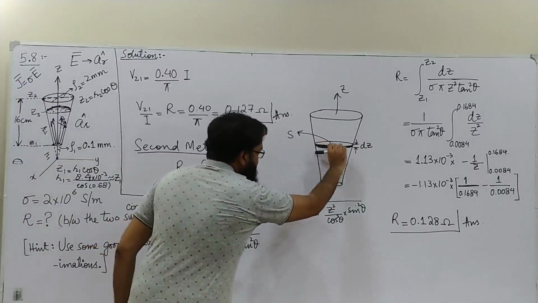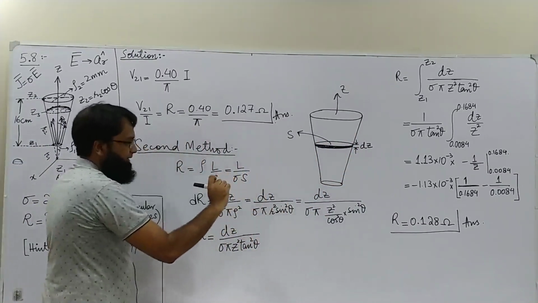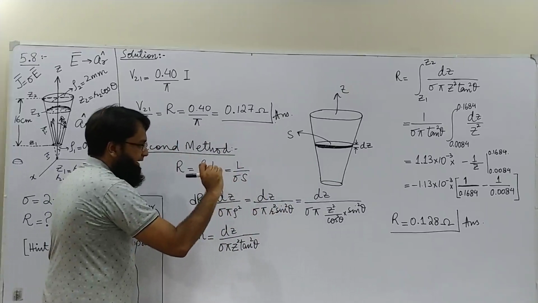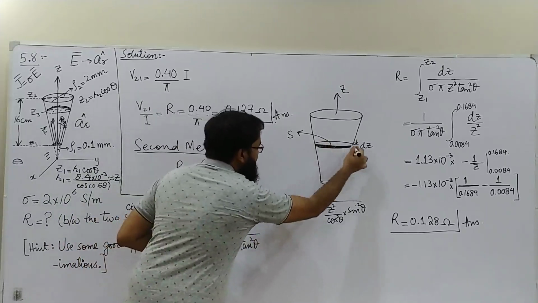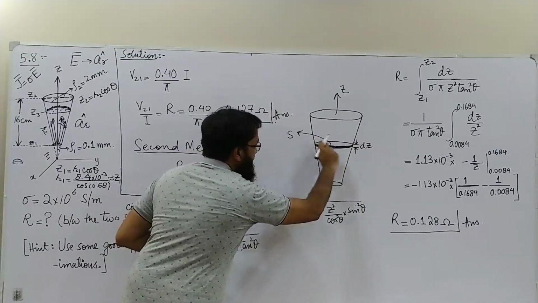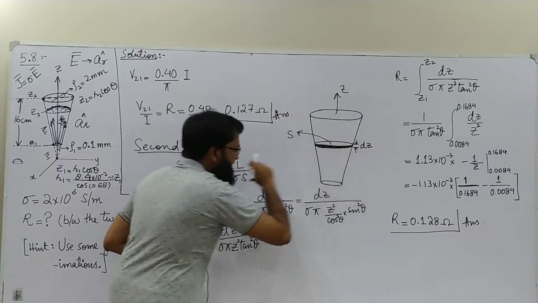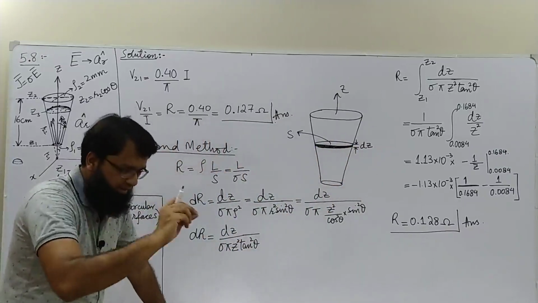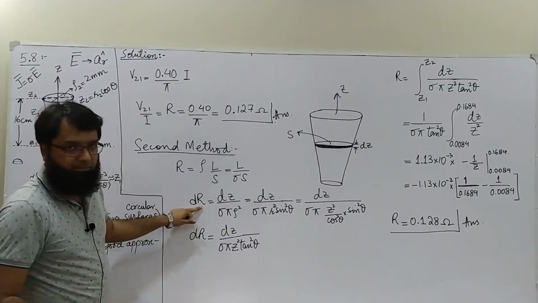So the contribution of resistance due to this infinitely small, infinitely thin disc can be given as differential resistance.